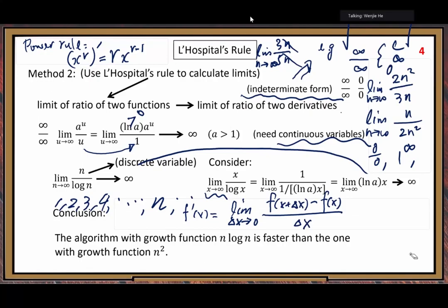Method one, the growth function is n squared. Method two, the growth function is n log n. So this conclusion tells us method two is better, or faster.